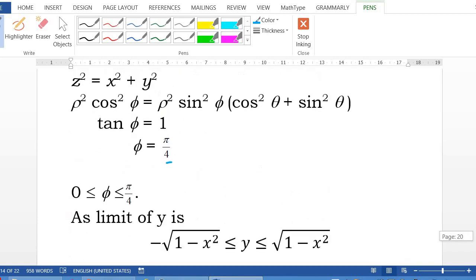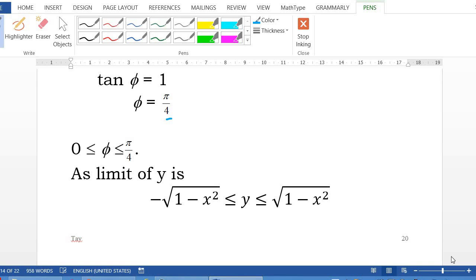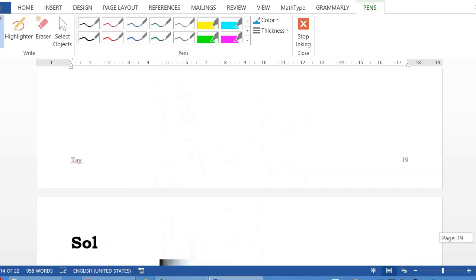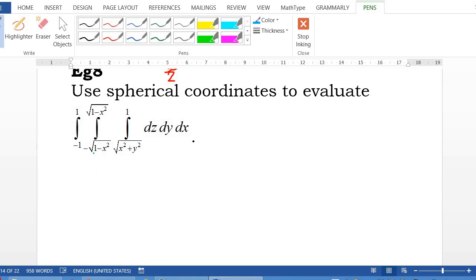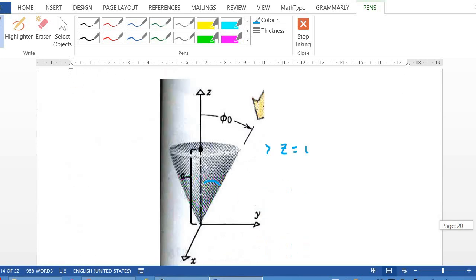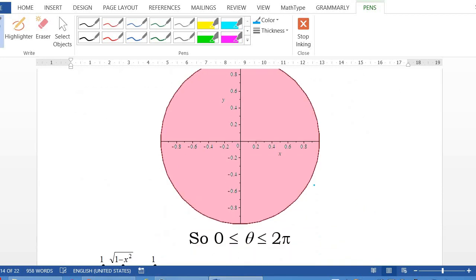Okay, and what is theta? The limit for y tells you here: y from negative square root of 1 minus x squared until positive square root of 1 minus x squared. So you have the lower semicircle until the upper semicircle.